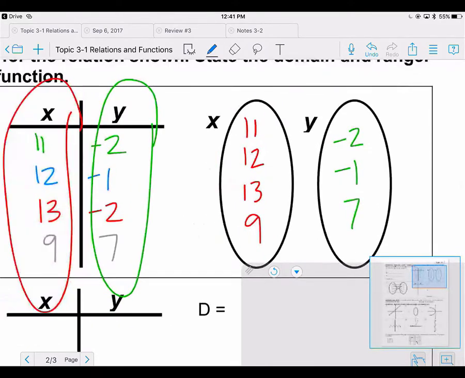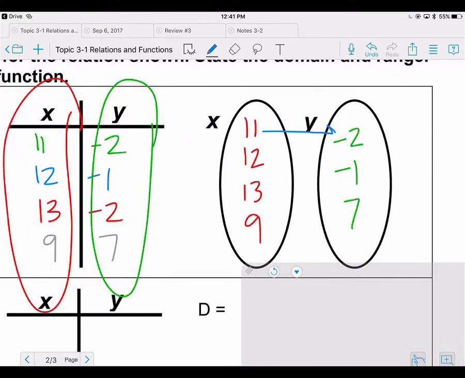You're going to say, if we start at this x, we will end at this y, because those are the numbers that go together. 12 goes to -1. So if you start at 12, you're going to end over at -1. 13 goes to -2, so we draw an arrow back up that way. And then 9 goes to 7. So again, mapping, you have to say start here and end here. So we start at this x and end at this y.